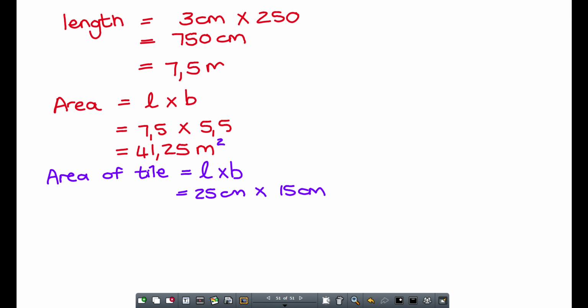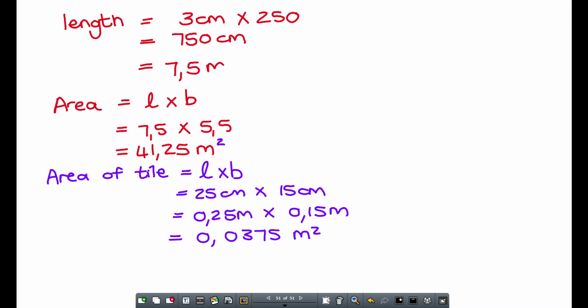So weer eens, divide by 100. So dit gaan vir my gee 0.25 meter and 0.15 meters. So if I multiply that, it's going to give me 0.0375 square meters. Okay, so nou weet ek wat 'n teeltjie se oppervlak is.